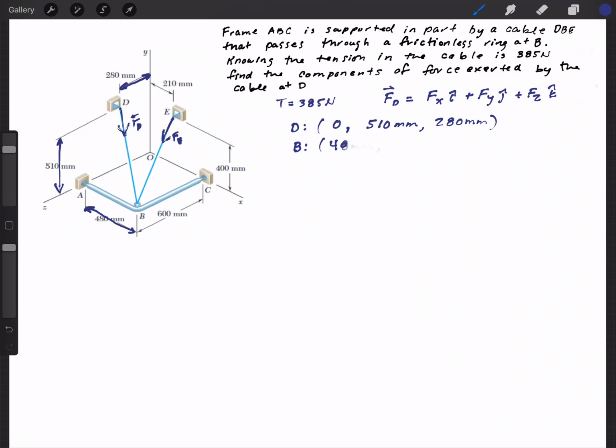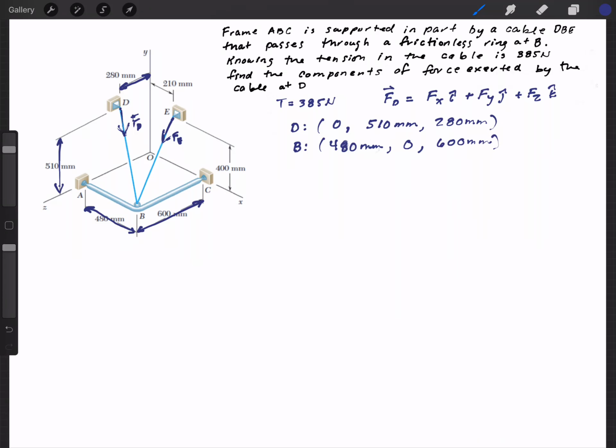The y component is 0, since it's in the xz plane, so there is no y component. And then the z component would be this measurement here, 600 millimeters.